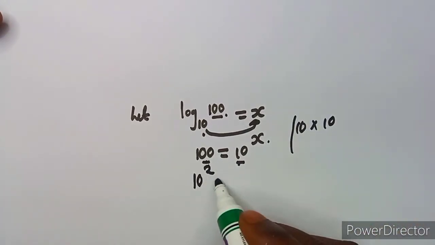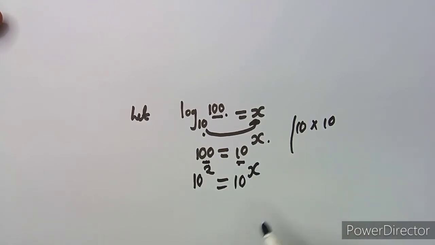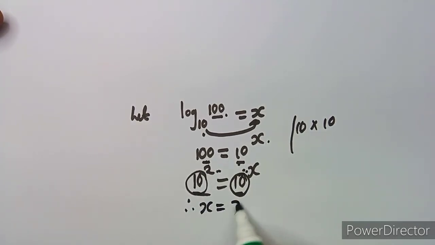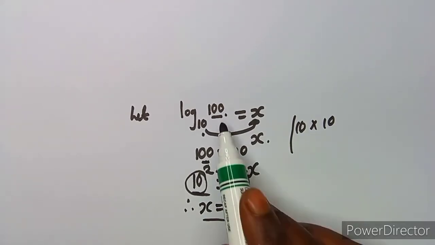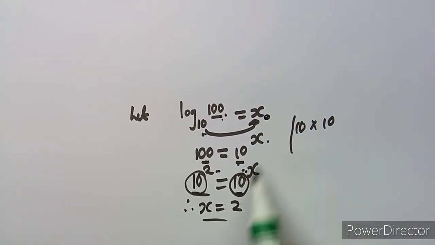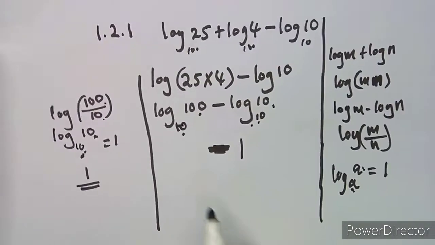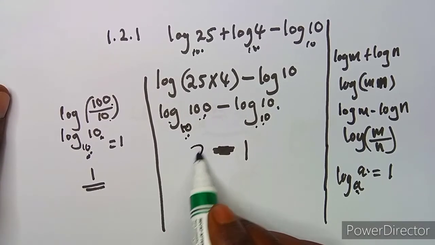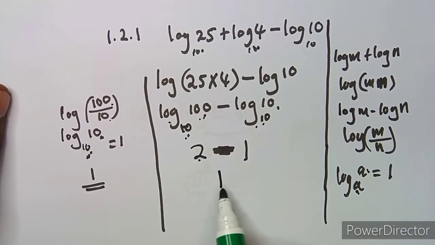So it's 10 to the exponent of 2, which is 10 to the exponent of x. Why are we writing in bases which are the same? Because when the bases are the same, the exponents are also the same. So therefore x is equal to 2. So the logarithm of 100 in base 10 gives us a 2. Substituting, 2 minus 1 is 1.